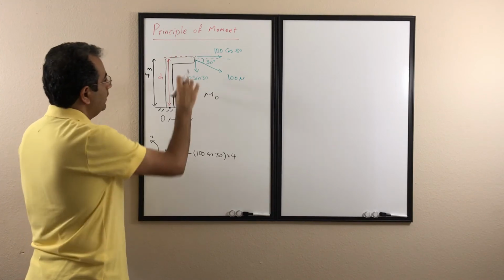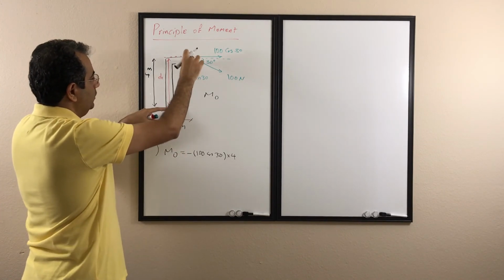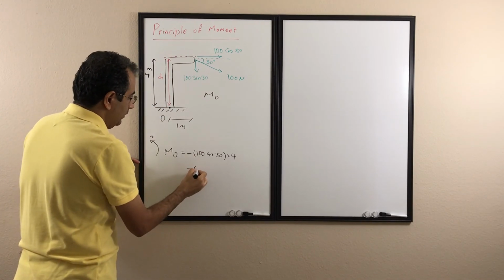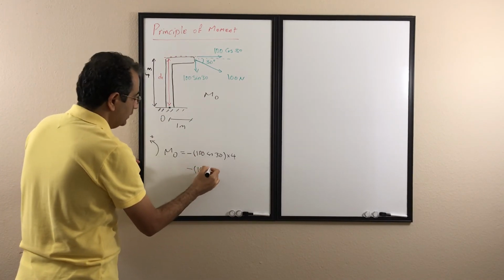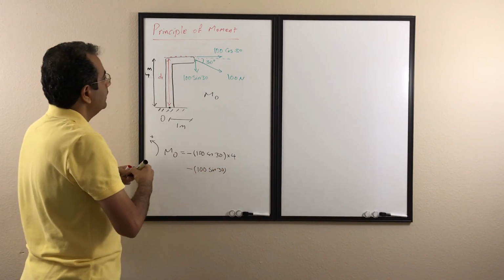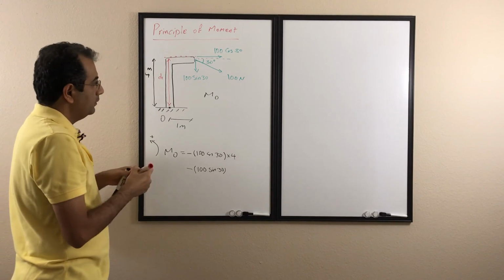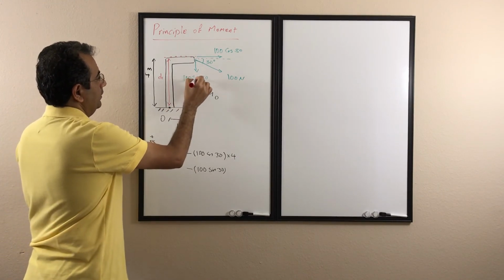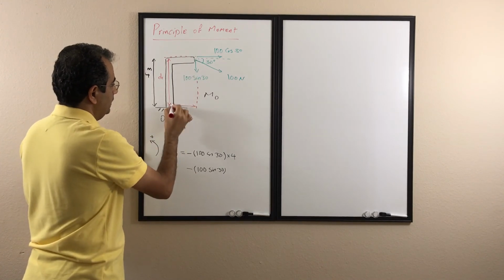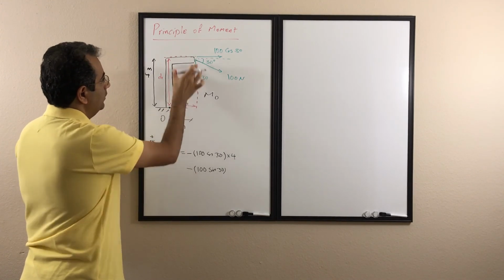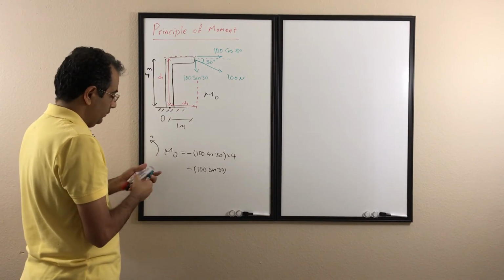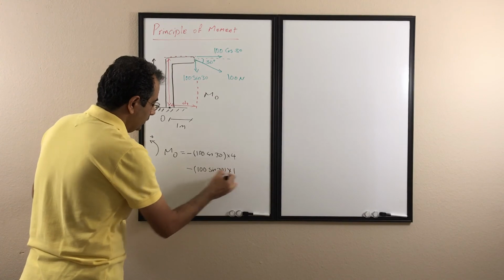Look at that with respect to the point O, again it's rotating clockwise, so it's going to be negative. The magnitude of the force is 100 sine 30, and then again we extend the line of action, and that's the normal distance with respect to point O. So it's going to be 1, times 1.